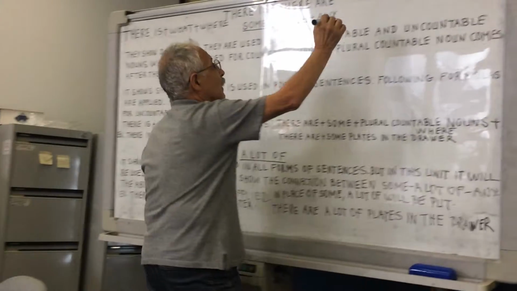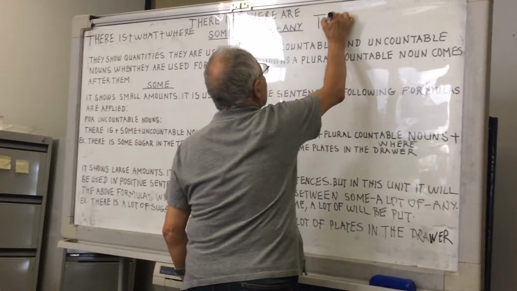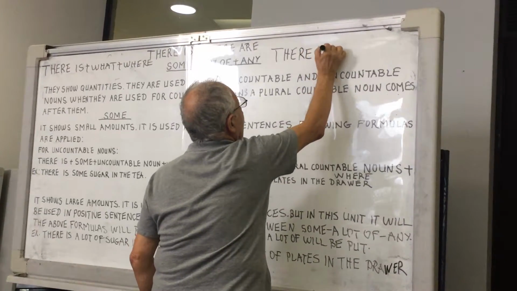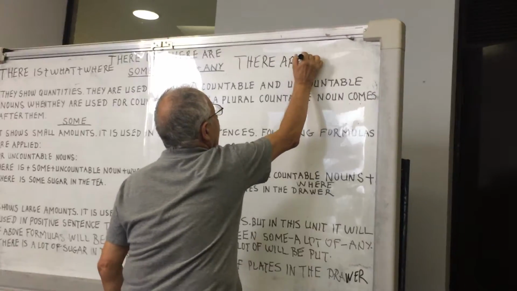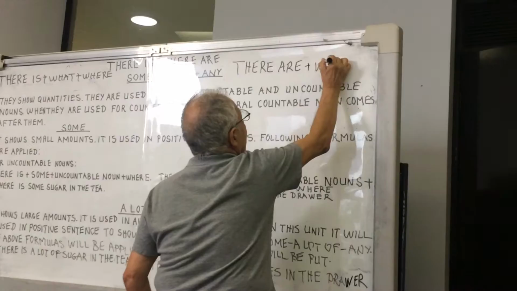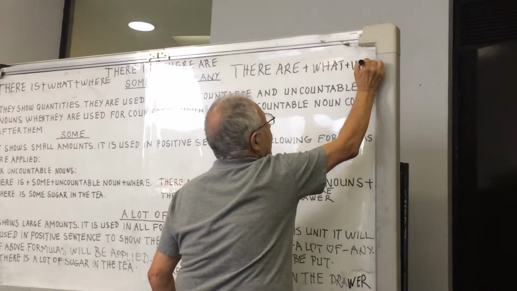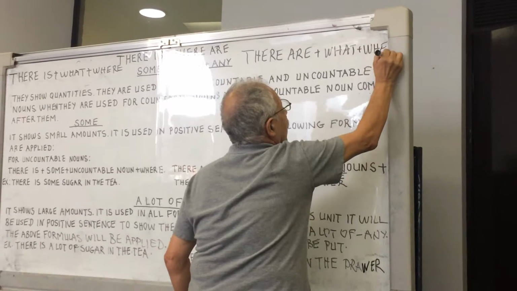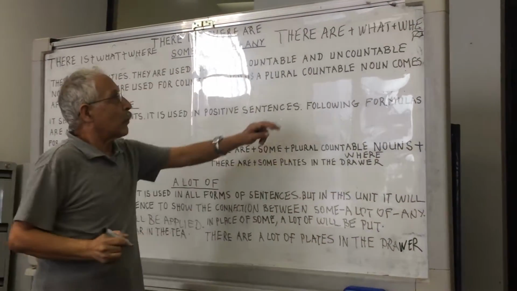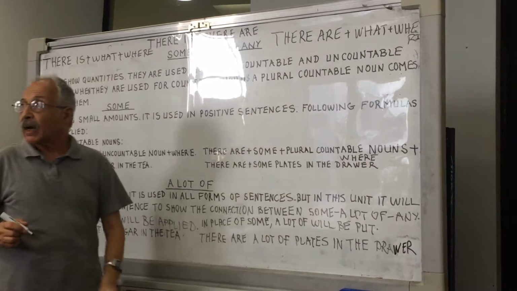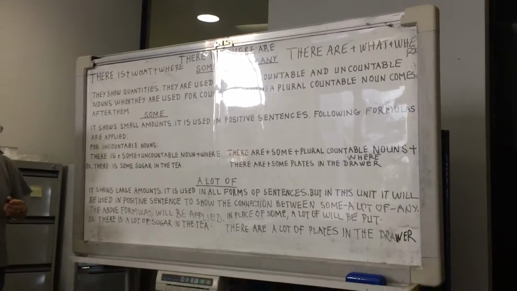And another formula was there are, what, where. Instead of what, we put some plus plural countable nouns.